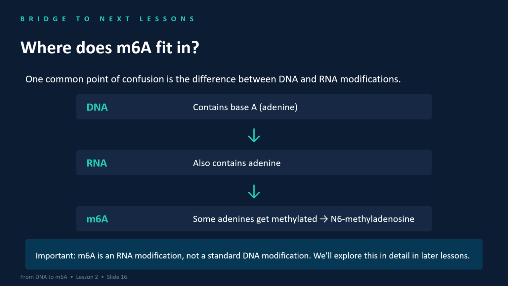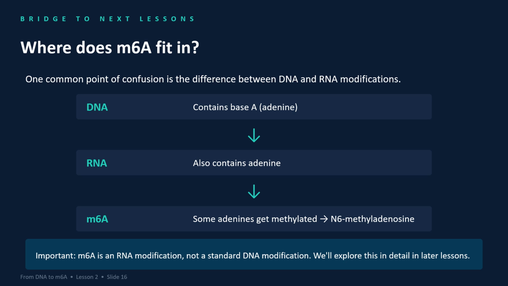Instead, it changes the RNA message. That small chemical modification can influence how long an RNA molecule survives, whether it gets translated into protein, and where it travels inside the cell. In other words, cells can fine-tune their software without changing the original source code stored in DNA. We'll explore this idea much more deeply in the coming lessons.